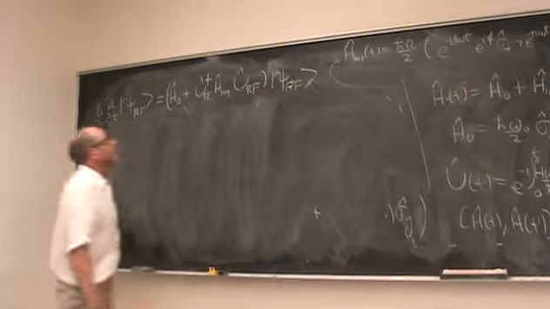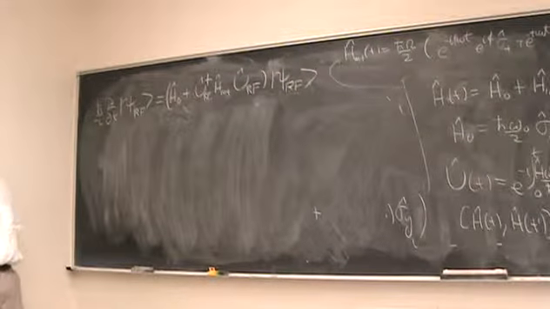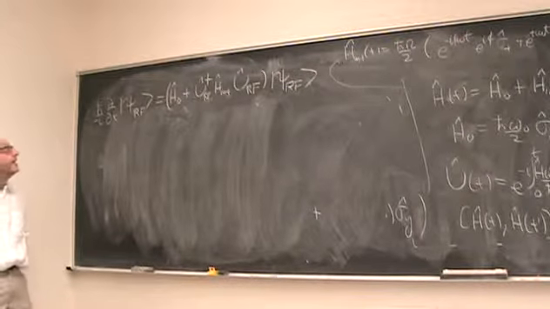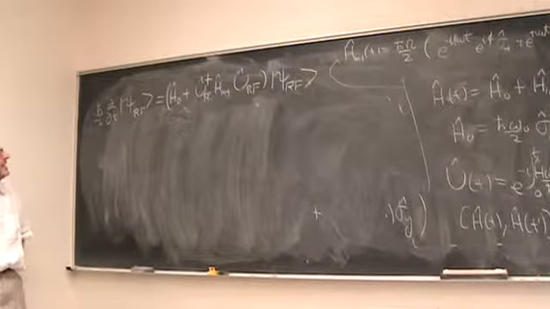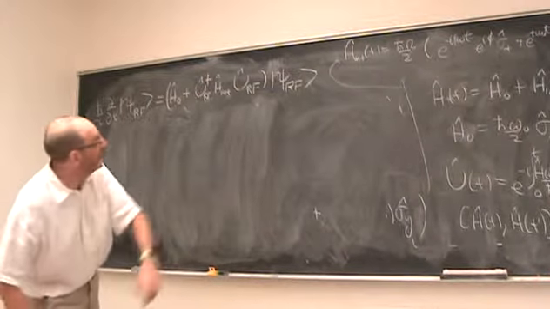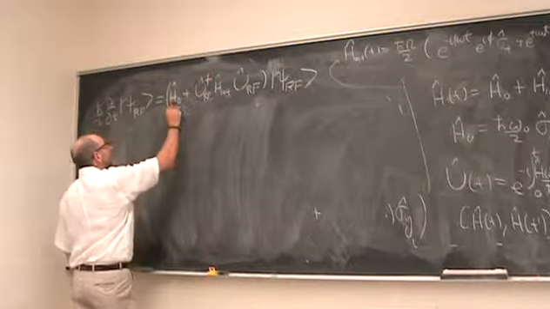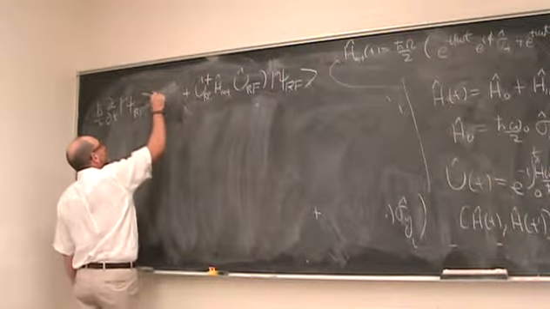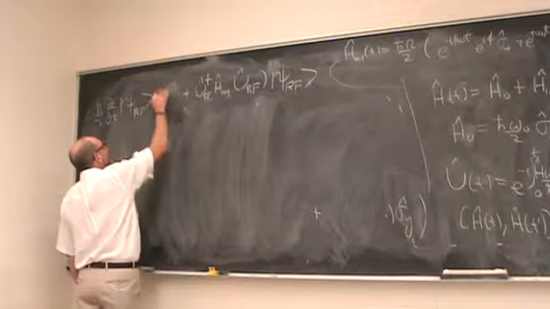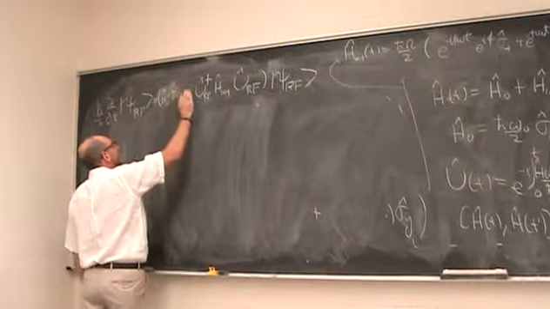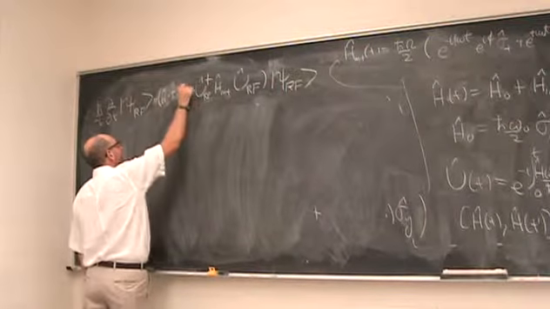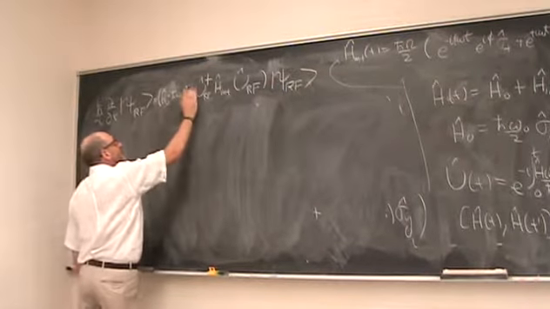So this is the new Hamiltonian. Oh, I forgot what happened to that piece: minus h bar omega sigma z, plus this.